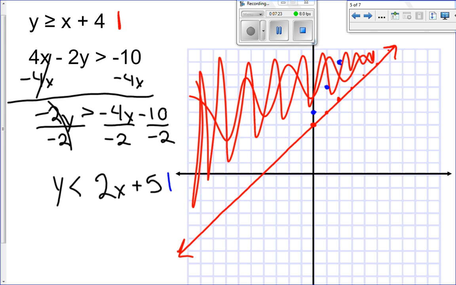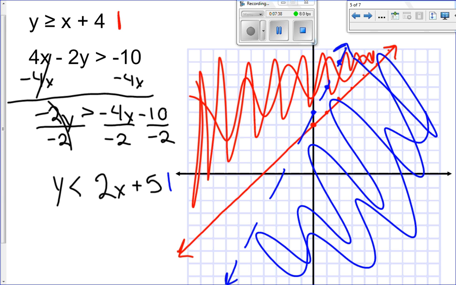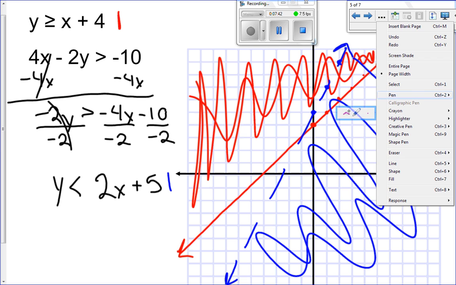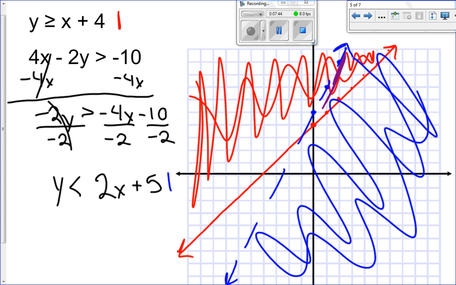And since it's less than, it's going to be dashed or dotted, however you want to say it, as such. And that one is less than as well, so that's everything in this half. So the area that they overlap is actually the little section up here.